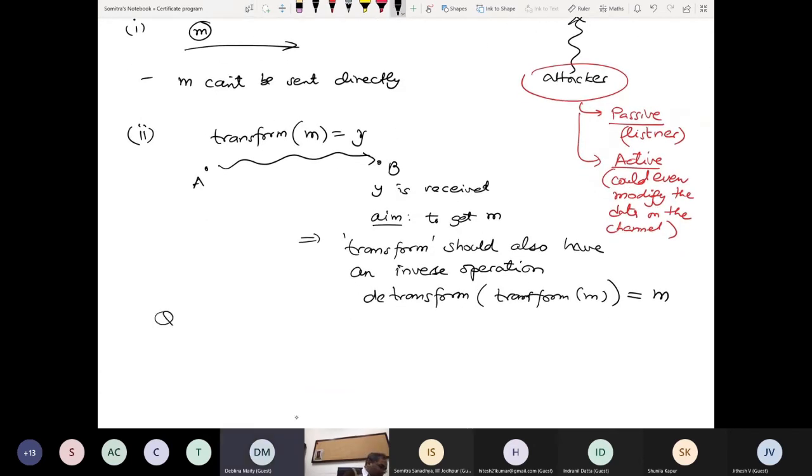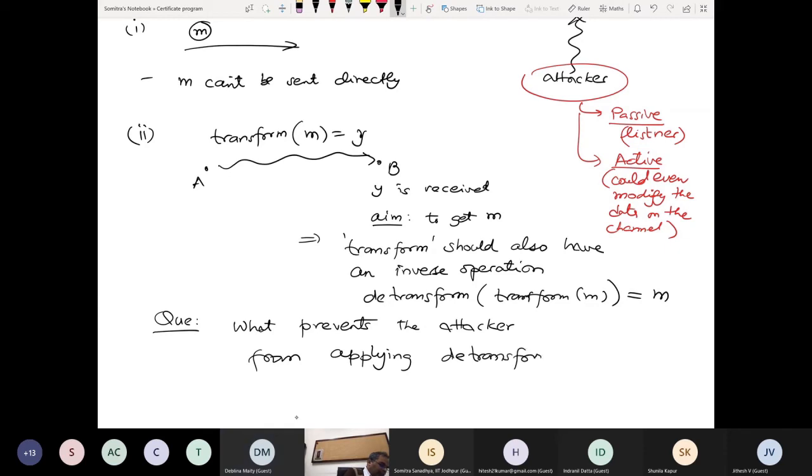Now the question: what prevents the attacker from applying this D transform function herself?